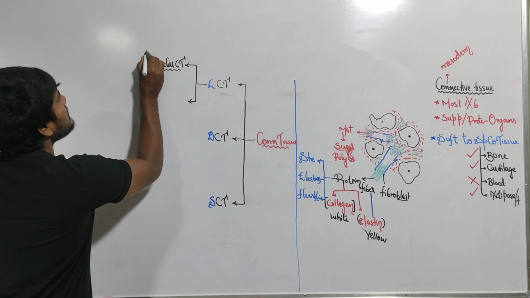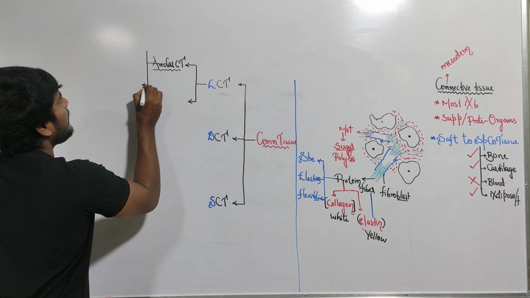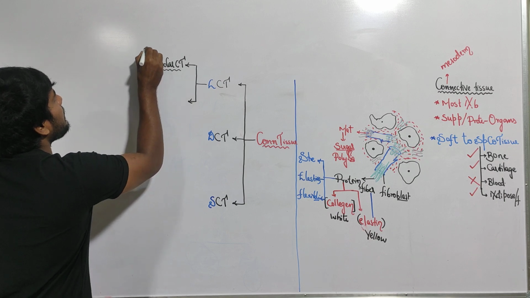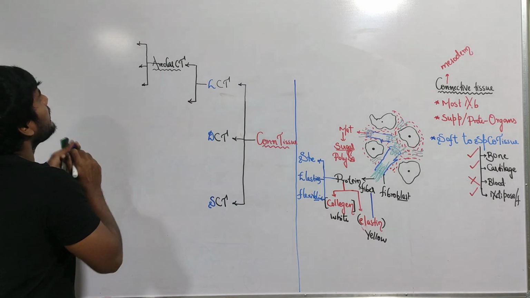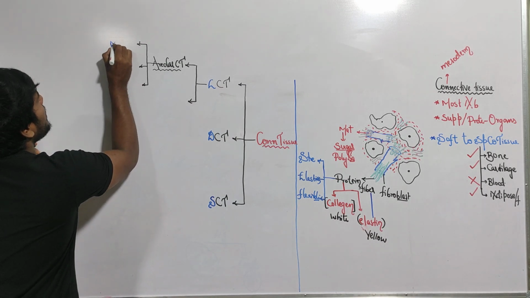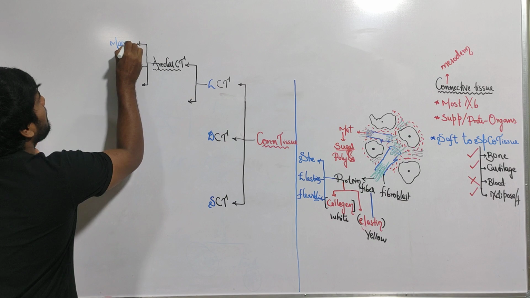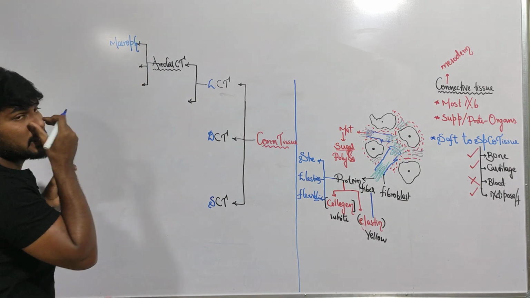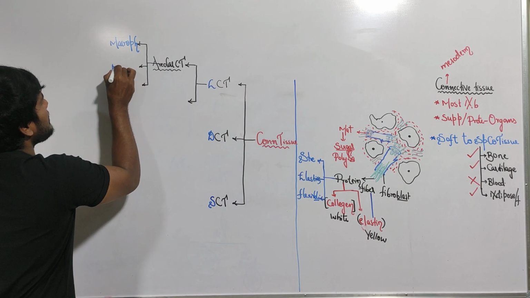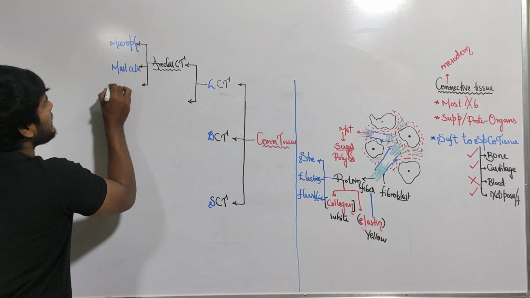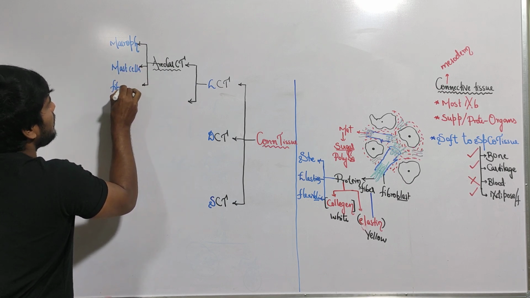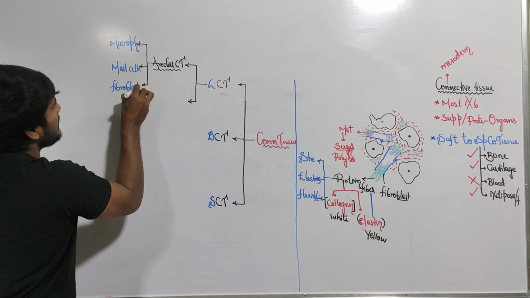It contains cells like, number one, macrophages. Macrophage cells are present, and next mast cells, and next fibroblast cells are present.